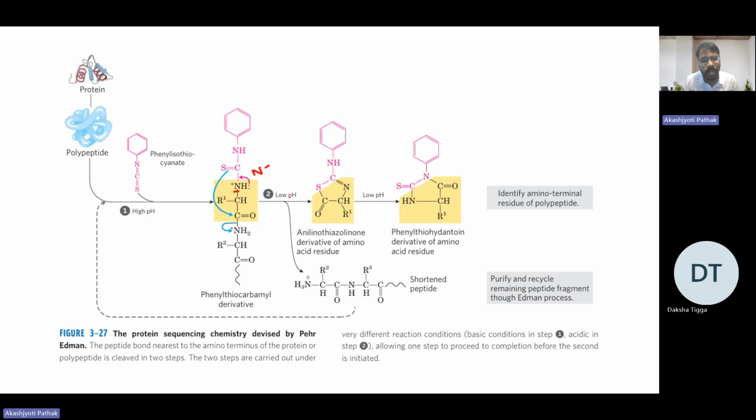Once the pH is lowered, this chemical reaction takes place. You can see here that this bond breaks and it will form the thiazolinone derivative of the amino acid residue. You do not have to understand the chemical reaction that is taking place, but just understand that as a result of lowering the pH, your first amino acid residue is forming a complex with phenyl isothiocyanate, and this bond is getting cleaved.